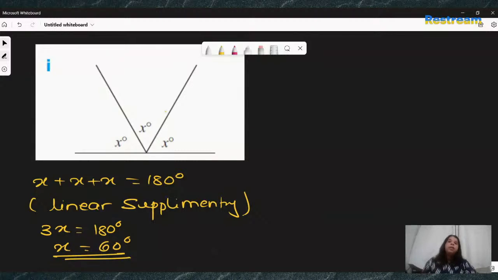Even if there is no number involved, if the alphabets are the same for all the angles, we can just add them up and find the actual value of that alphabet. Instead of 3x, if there were 4x, the angle would be 45 degrees. If there were 5x, the angle would be 36 degrees. So depending on how many equal unknowns you have, these are all equal angles, and your answer will keep on changing.